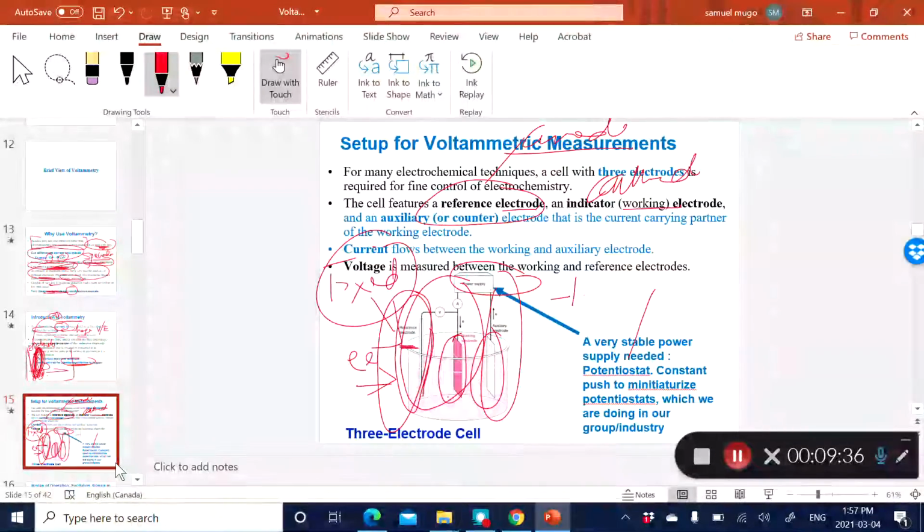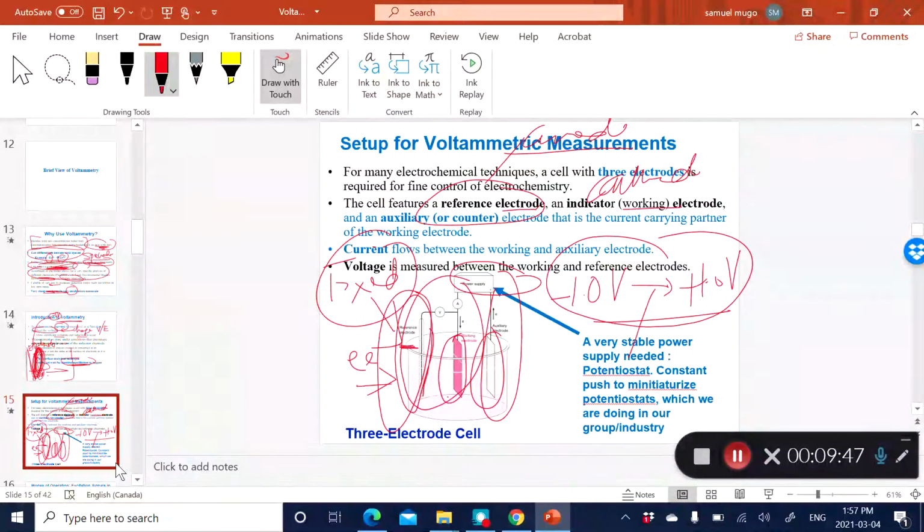For example, when I say -1.0 V all the way to +1.0 V, which is a voltage range that is almost always analytically useful, that voltage range needs to be very, very stable, meaning I'm very specific about the voltage that I'm applying.